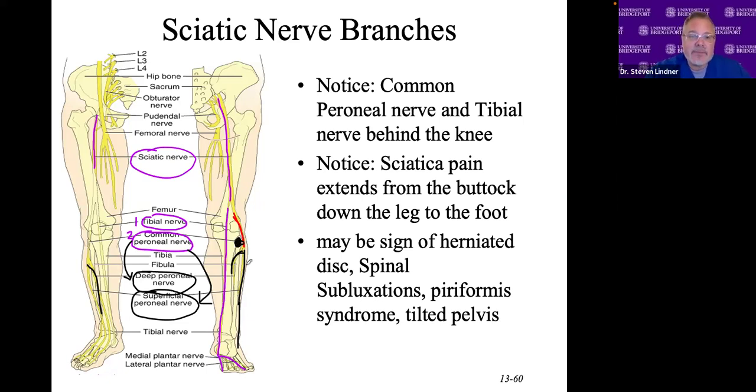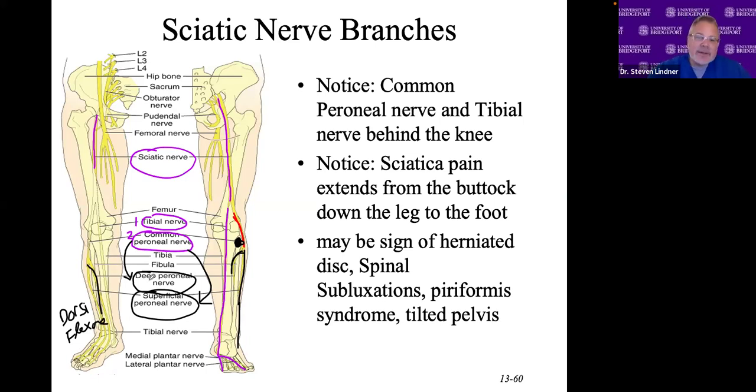The deep peroneal goes deep and goes to all of these anterior compartment muscles, all of the dorsiflexors. All of the dorsiflexors are innervated by the deep peroneal nerve.